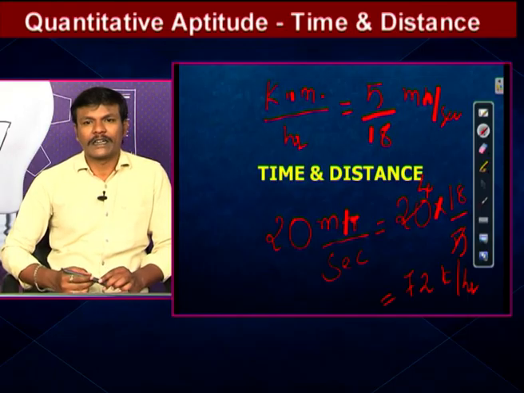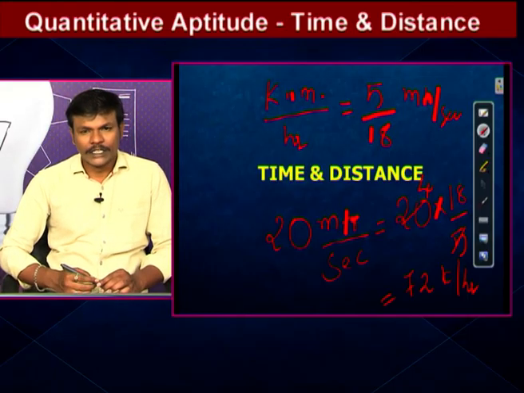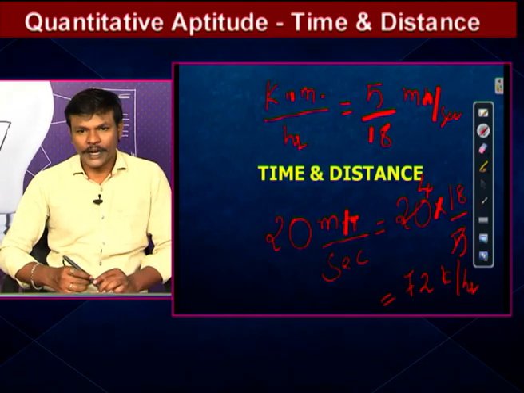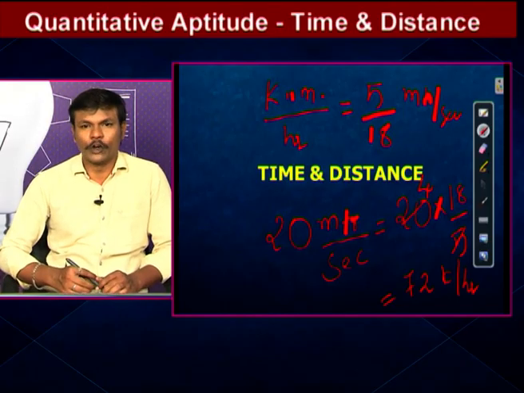So 20 meter per second is converted to kilometer per hour: the 20 is multiplied with 18 by 5 and it becomes 72 kilometer per hour.